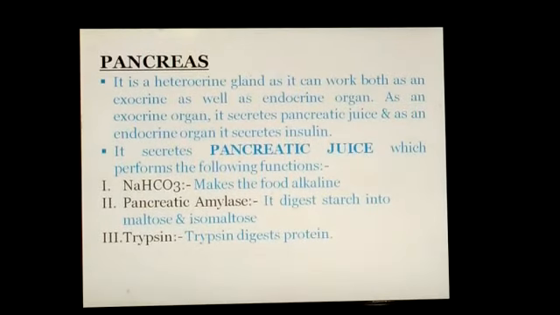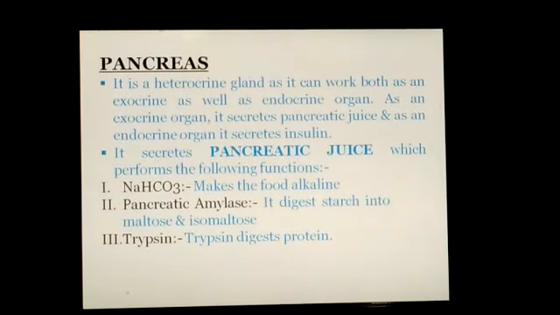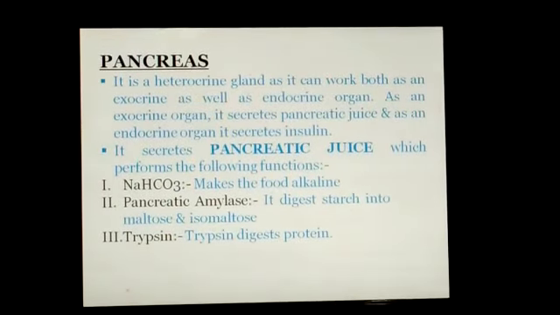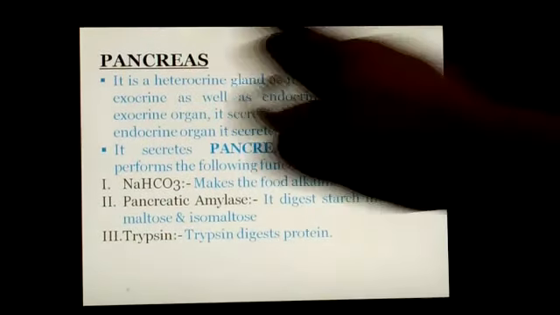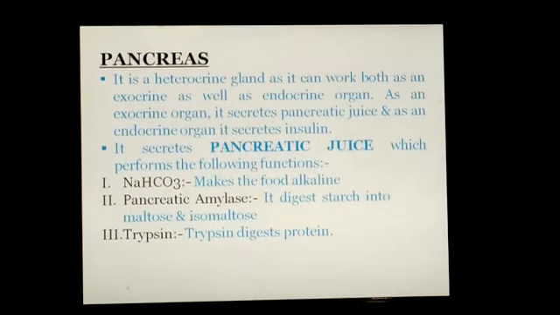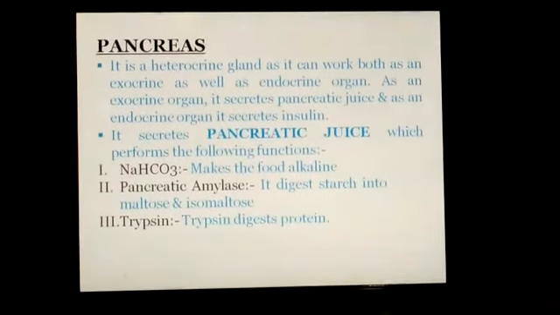Here, one important thing I should mention is that the pancreas behaves as a heterocrine gland. Hetero means it can behave in many ways. So, a heterocrine gland can behave as an endocrine gland as well as an exocrine gland.